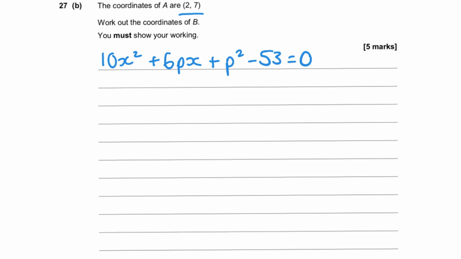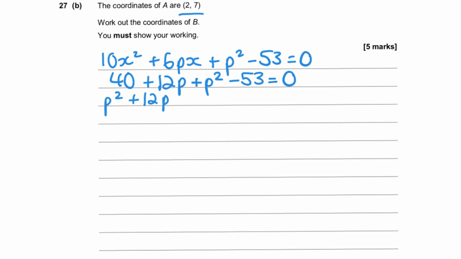So 2 squared times 10 is 40, plus 2 times 6 times p is 12p, plus p squared minus 53 is equal to 0. Let's rearrange that to make it look like one of our usual quadratic equations. We've got p squared plus 12p, and then minus 53 plus 40 is minus 13, is equal to 0.